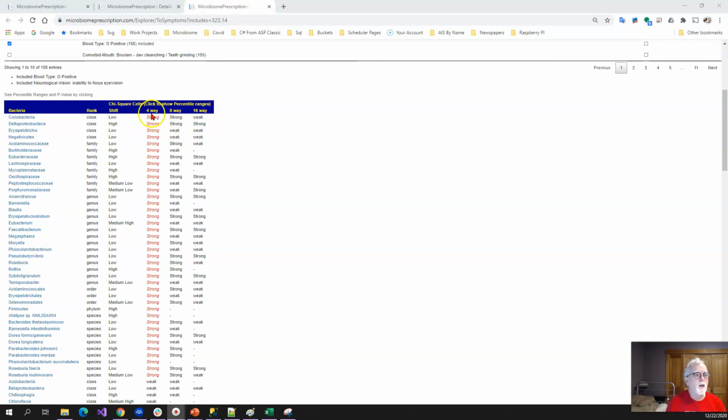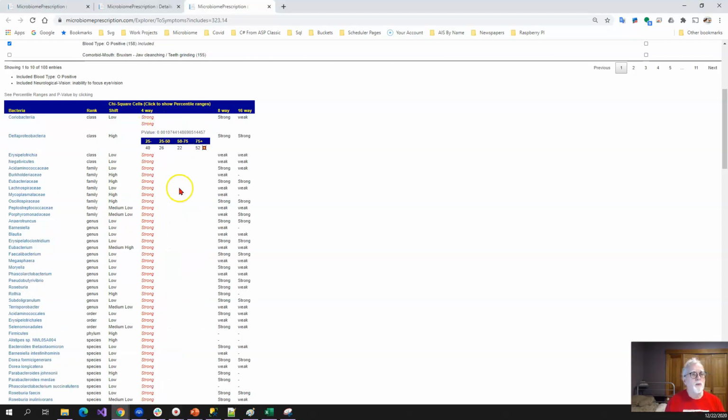Because we have a large number of people with just a particular set of characteristics, or with a particular type of bacteria, we are able to see multiple breakdowns. Again, if I click on one of these, what we see is the breakdown, and we notice that there is an absence in the middle and a spike at the high end, and also almost just a spike at the low end.